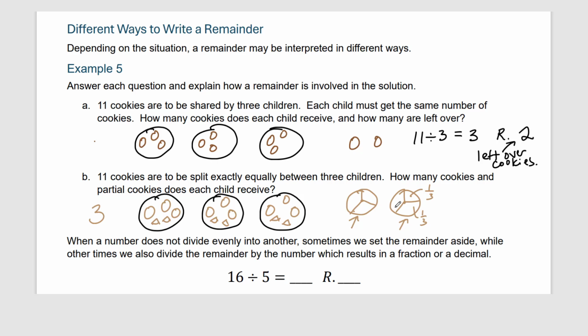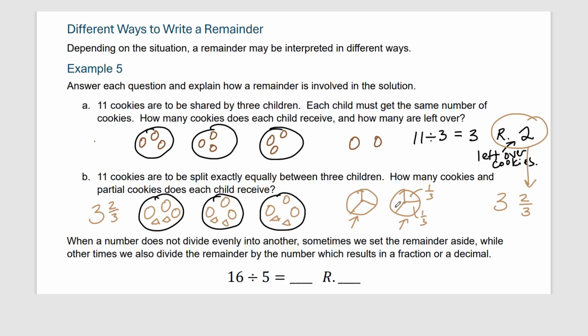So 2 of these pieces would be 2/3. So each kid has 3 2/3 cookies.